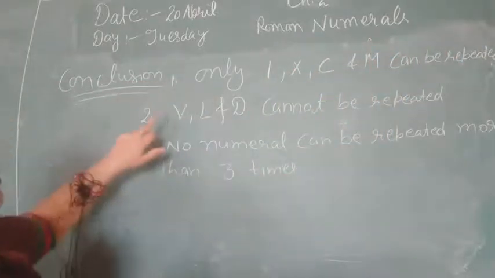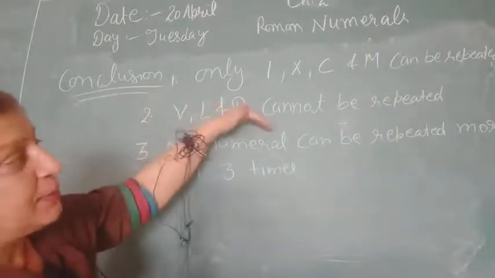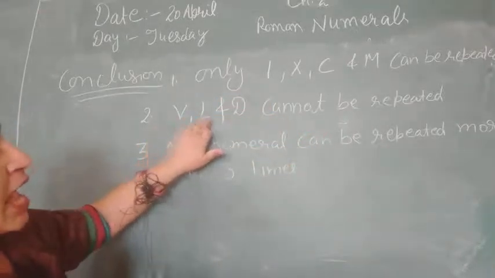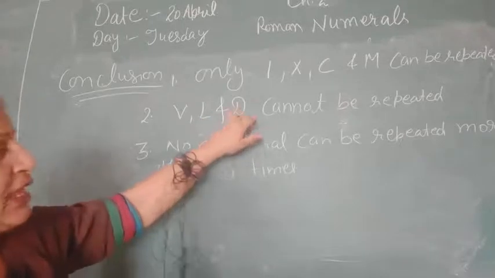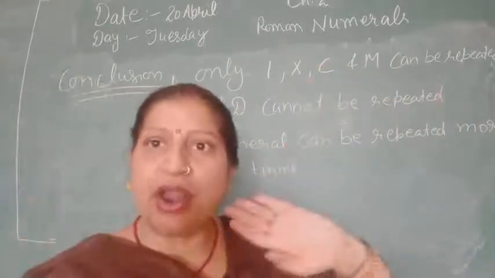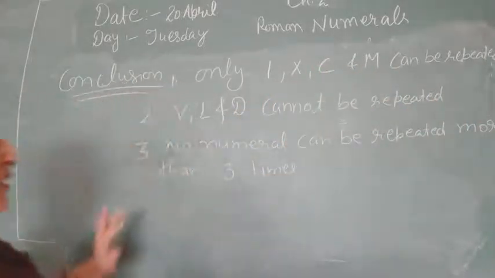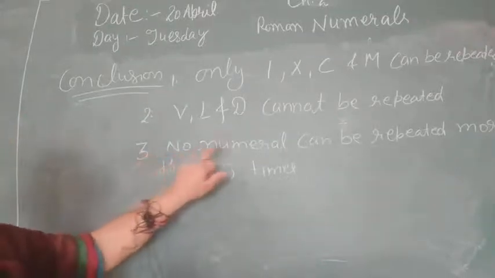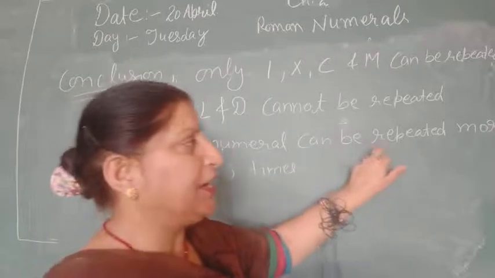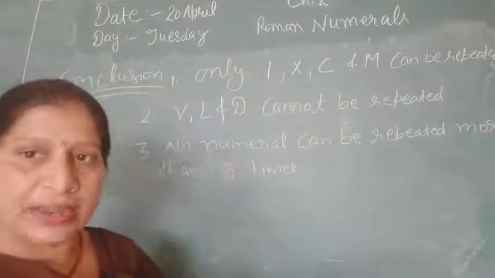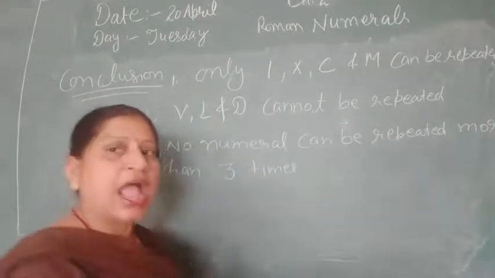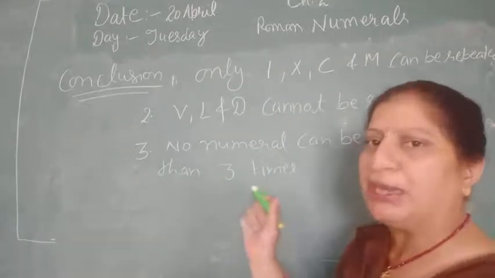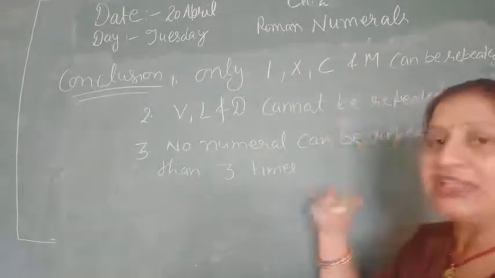After that, the symbols which are not repeated are V, L and D. They can never be repeated in any case. Now the third conclusion is that no numeral can be repeated more than 3 times.